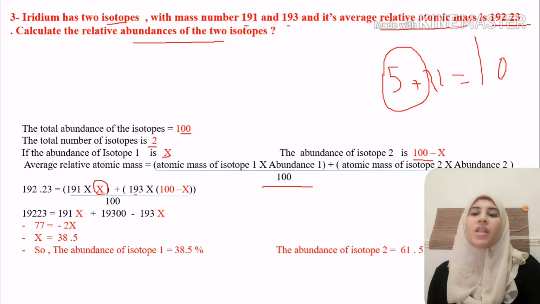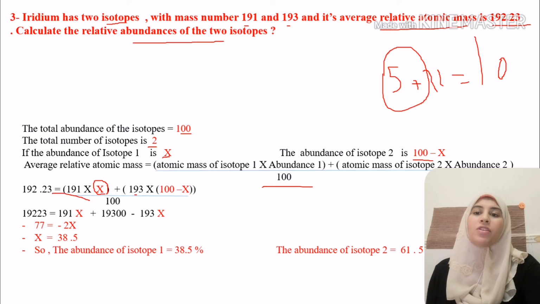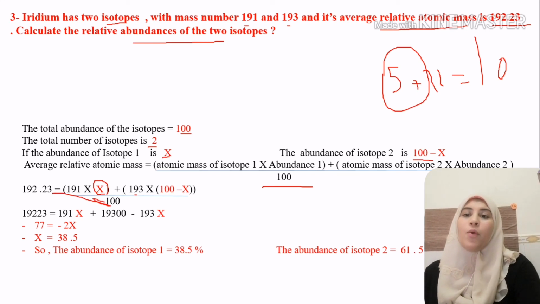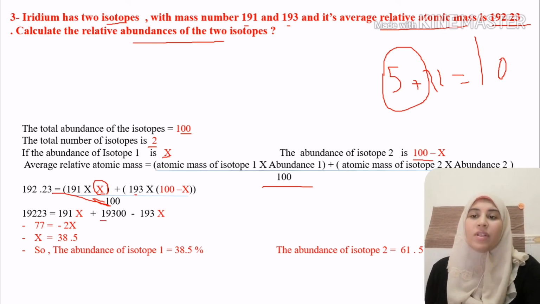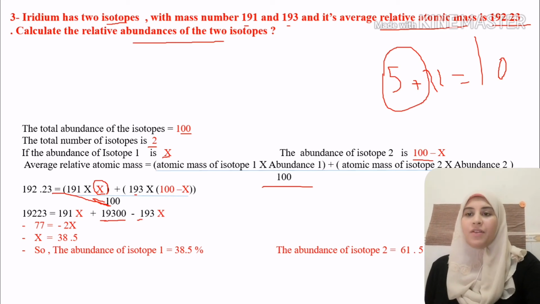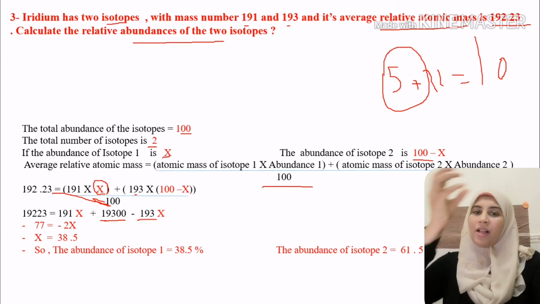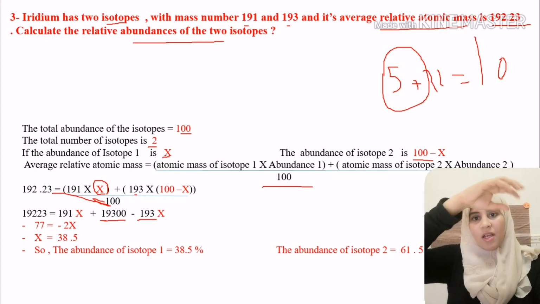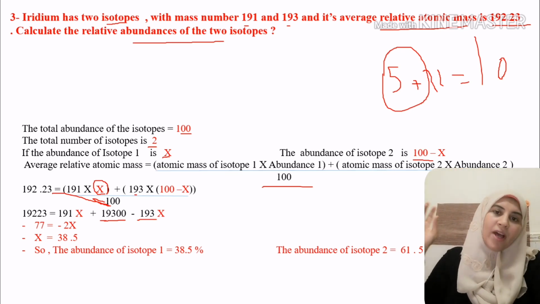Just by using math calculations, 100 times 192.23, cross multiplication, we will have 191X plus 193 times 100, it is 19,300, minus 193X.